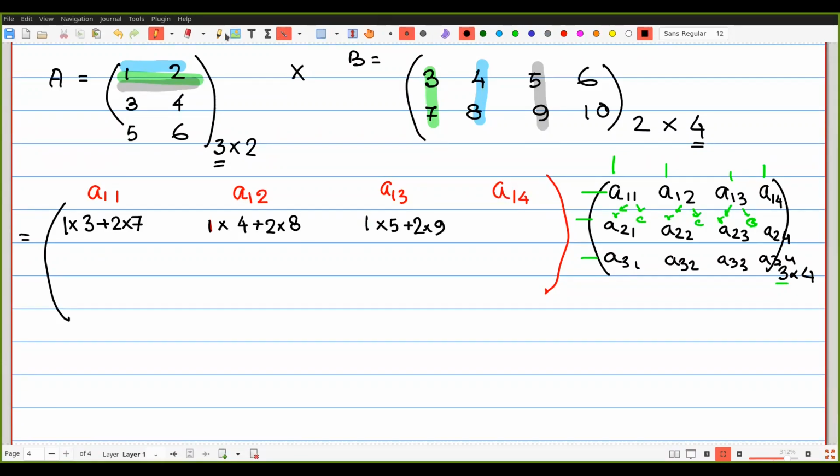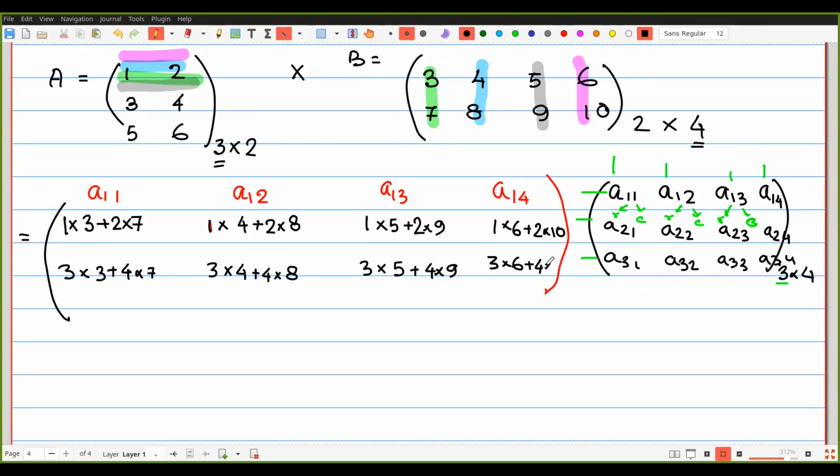First row, fourth column for the next element: 1 into 6 plus 2 into 10. In the same way, 3 cross 3 plus 4 cross 7, 3 cross 4 plus 4 cross 8, 3 cross 5 plus 4 cross 9, 3 cross 6 plus 4 cross 10.